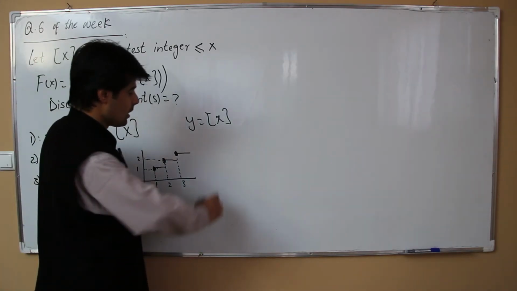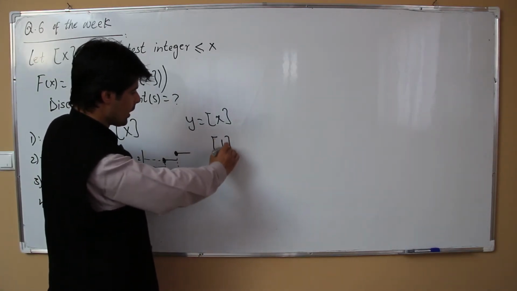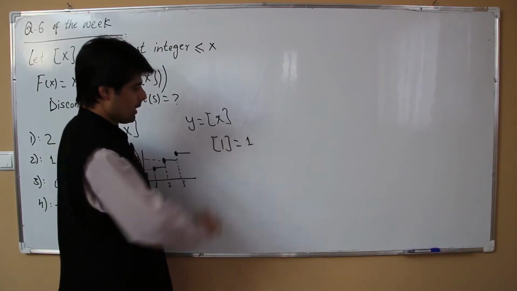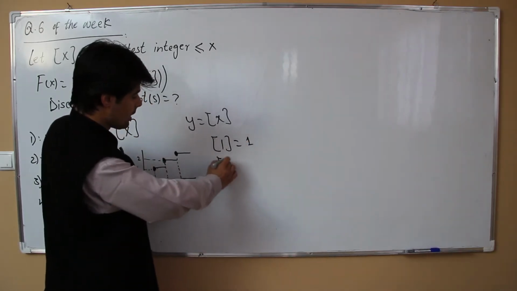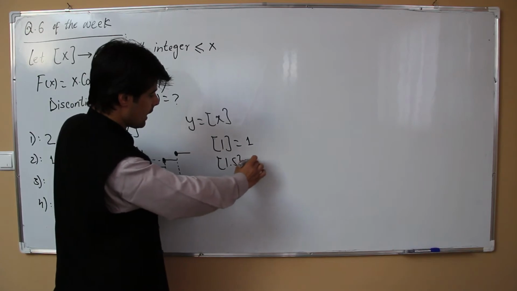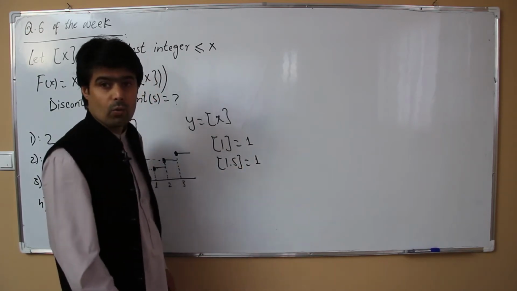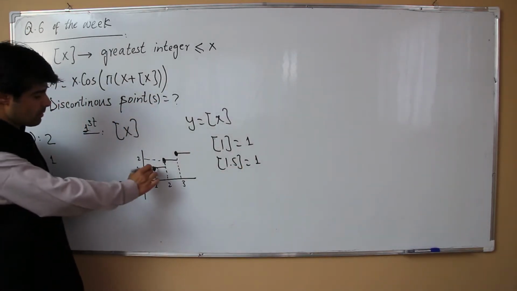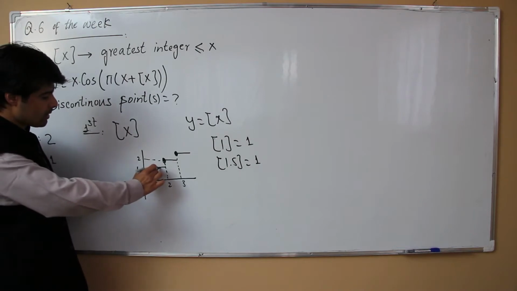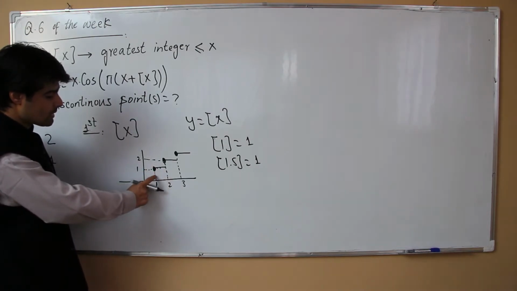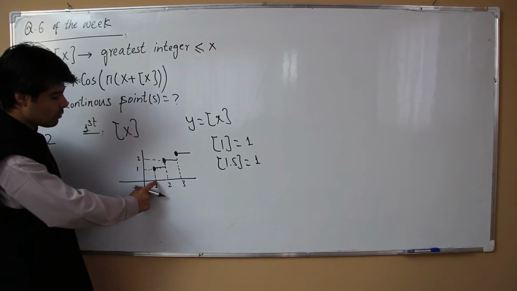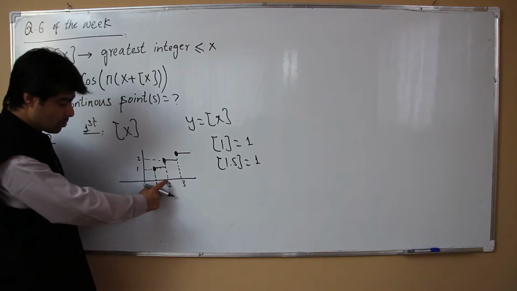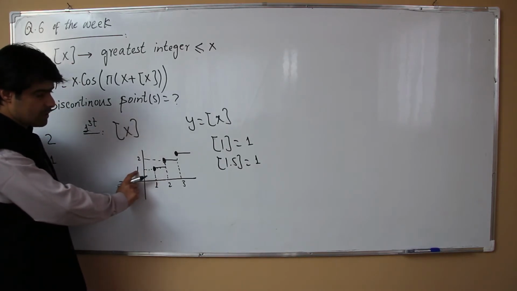What does it mean? If I have 1, the answer is 1. If I have 1.5, the answer is once again 1, because 1.5 is located between 1 and 2. Whatever we have between 1 and 2, the answer is the constant 1.